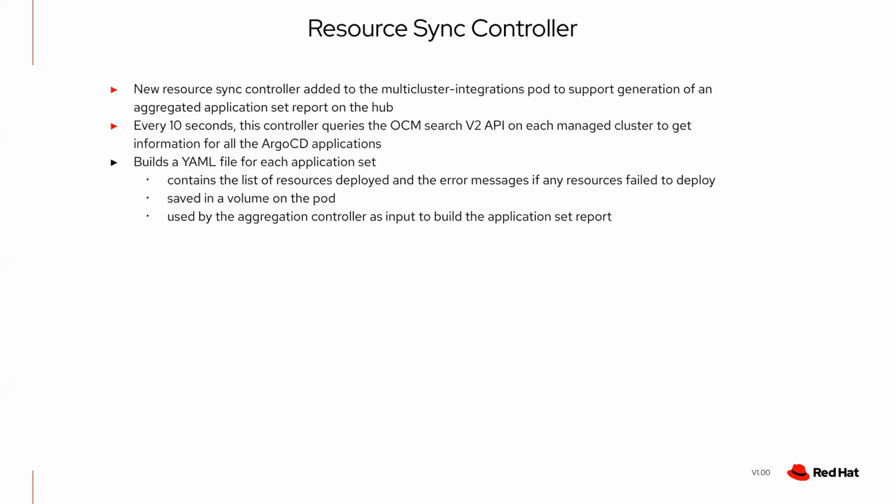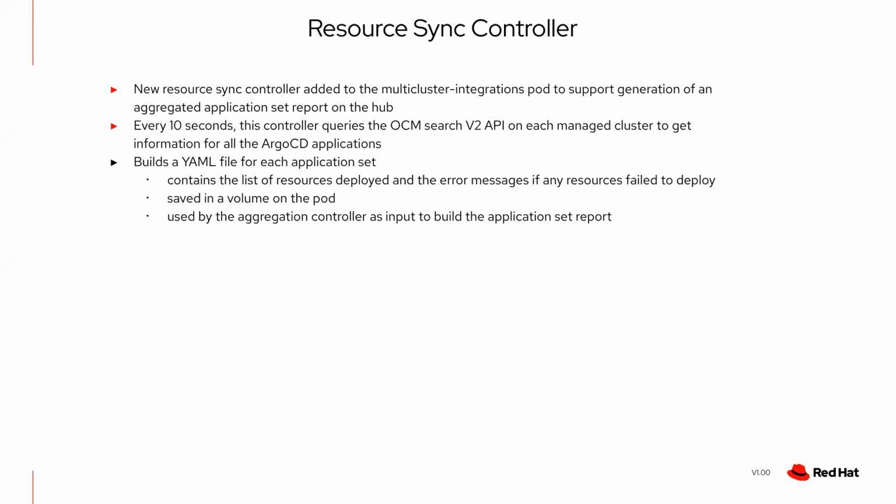Okay. So we add two new controllers to bring those statuses. The first one we're going to look at is the resource sync controller. This controller runs alongside in the multi-cluster integrations pod. After the applications are propagated to the managed cluster, in order for us to build a report, we use this controller.